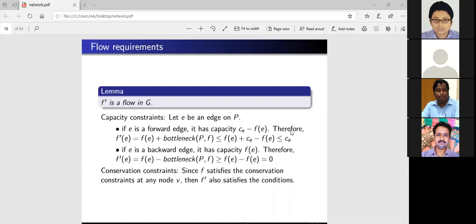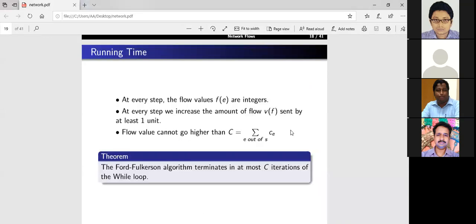If you have integer values, at every step the value of the bottleneck is at least 1. Every step, we increment the amount of flow by at least 1 unit. Since these are all bounded numbers, there are only finite limits, so there is a maximum value of the flow.